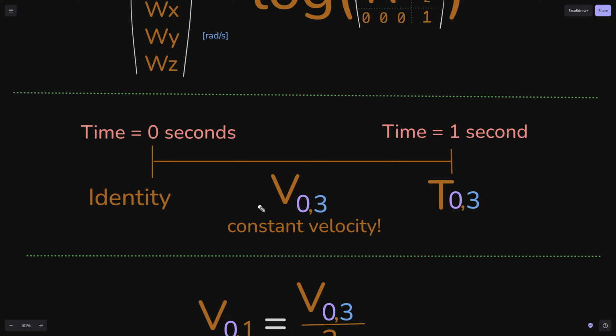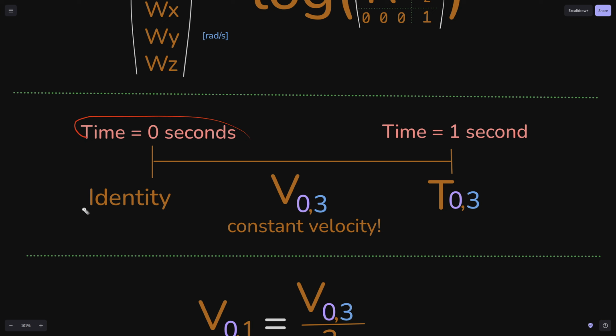So the output of the logarithm is the constant velocity at which we will move. And for how long? 1 second. We will move 1 second at the Lie algebra constant velocity. And if we do that, this identity will be converted or transformed into T03. Okay? So this is the idea.